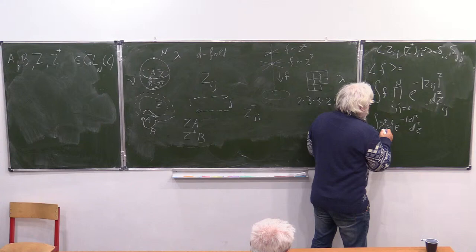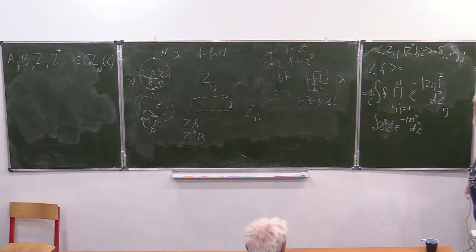Okay. And if we have z, you see, this is a separation of all variables. So we have two. If they do not coincide, it is the analog of this. Clear? Yes.